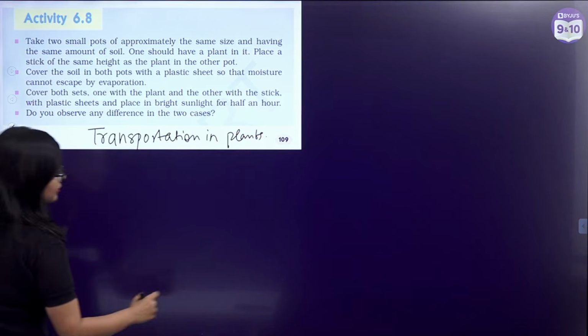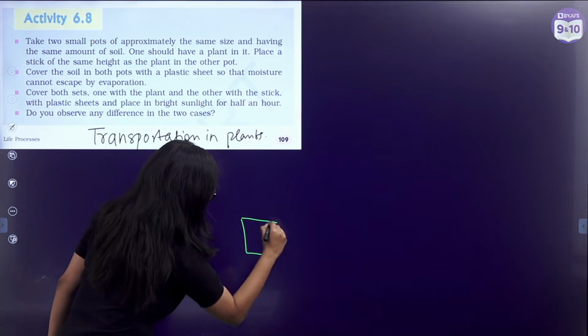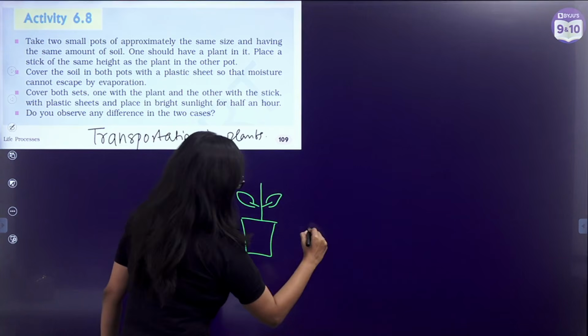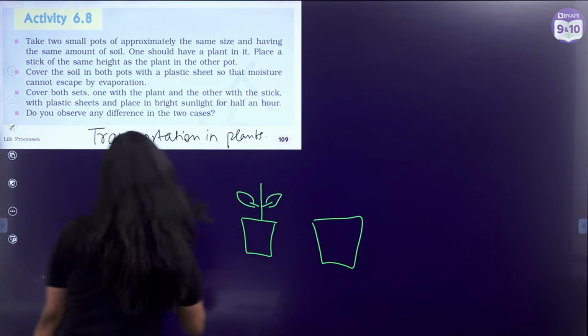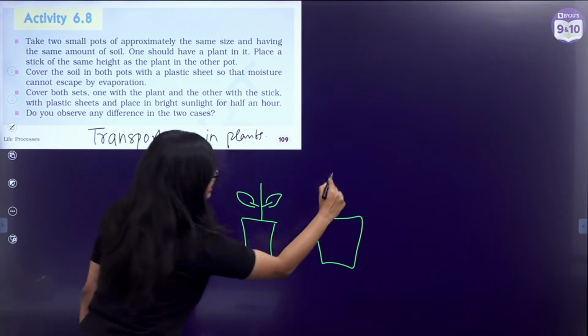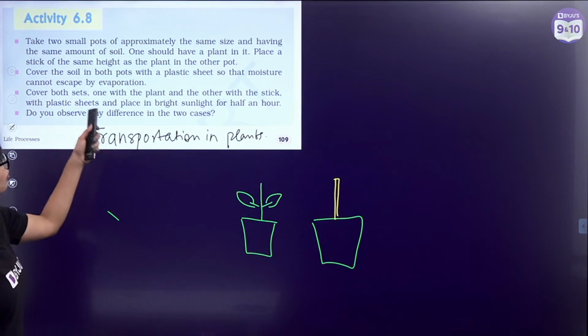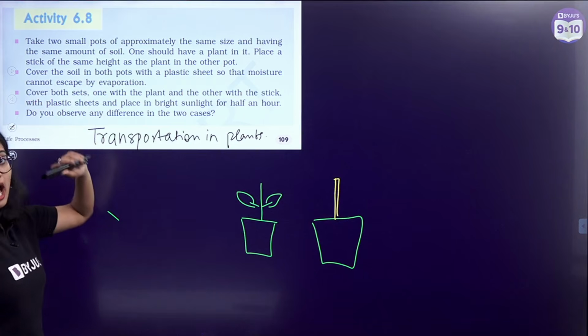Now what are they saying? We are going to take a potted plant in one, and on the other side we will take a pot which has only one stick. And then what are we going to do? They place a stick of the same height as the plant.